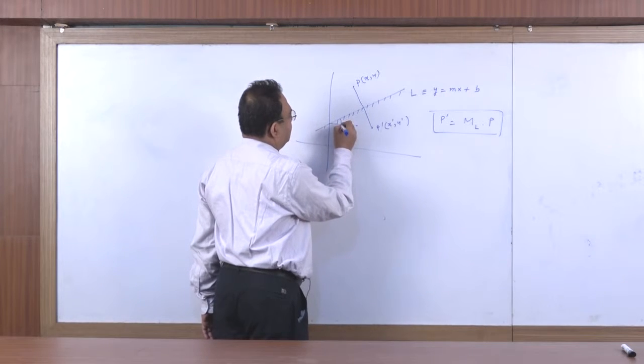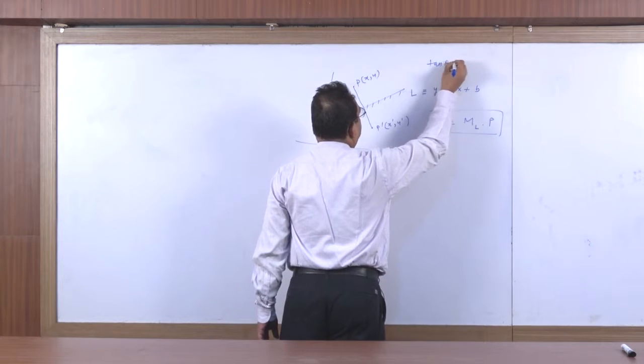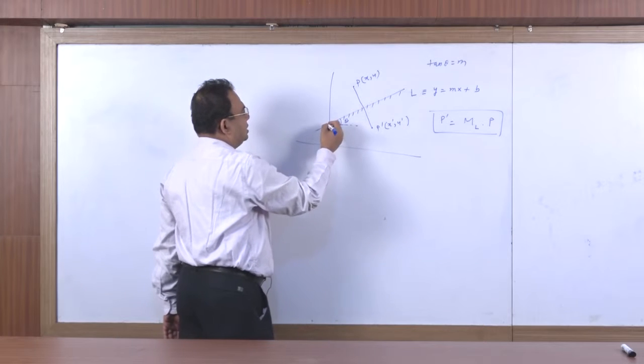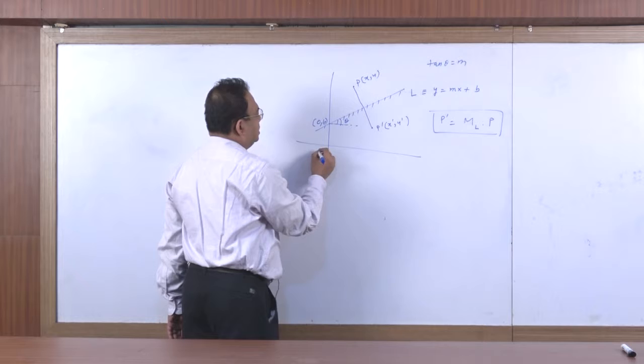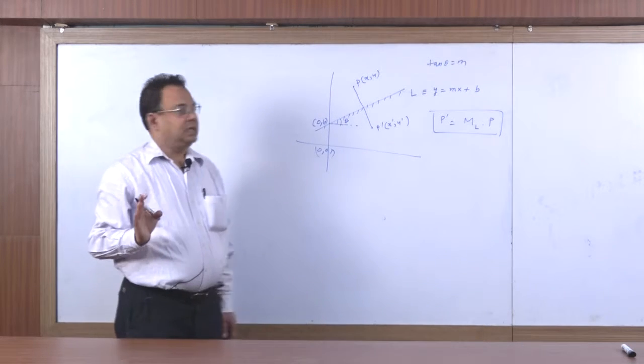So, if this angle is theta, then it is specified as tan theta is equal to m, and definitely this line is passing through 0 b, and this is your point 0 b.